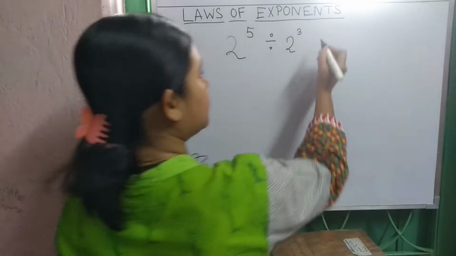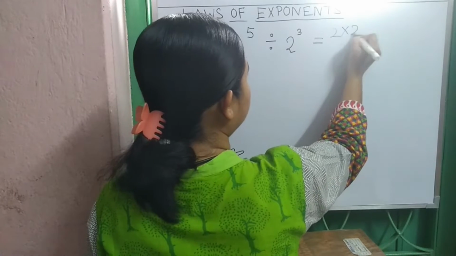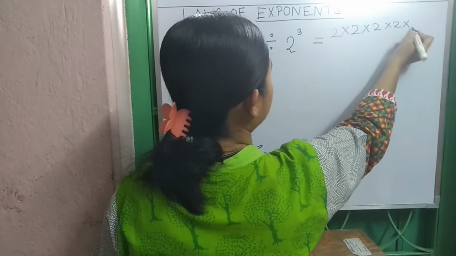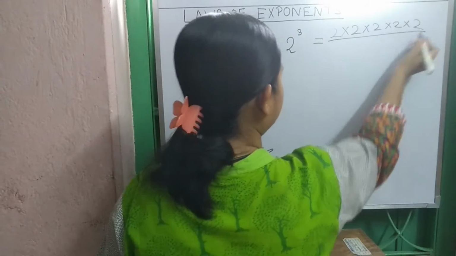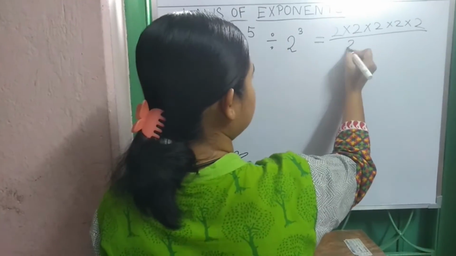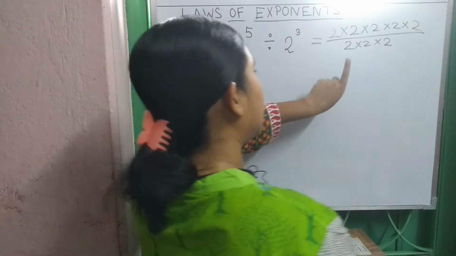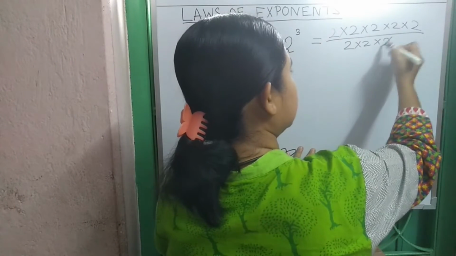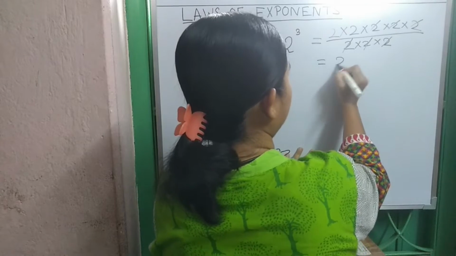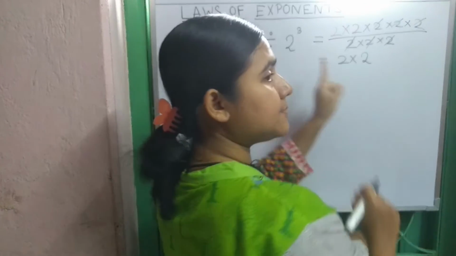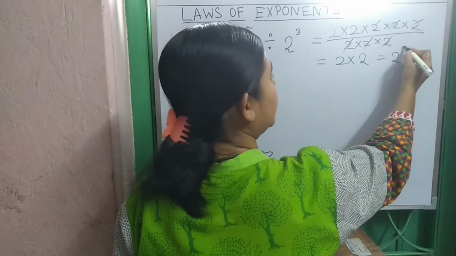You can write 2 into 2 into 2 into 2 into 2, that is 5 2s, divided by 2 to the power 3, that means 2 into 2 into 2, so 3 2s. Okay. So we can cancel these, and this will become 2 into 2. In exponential form we can write this as 2 to the power 2.